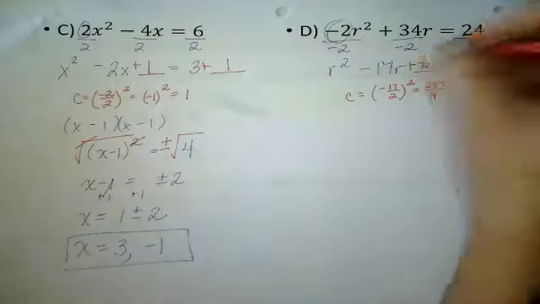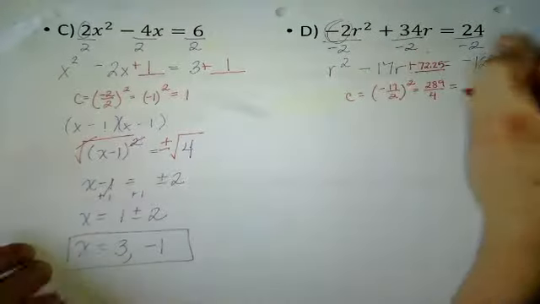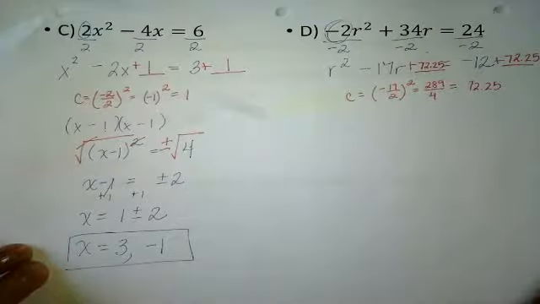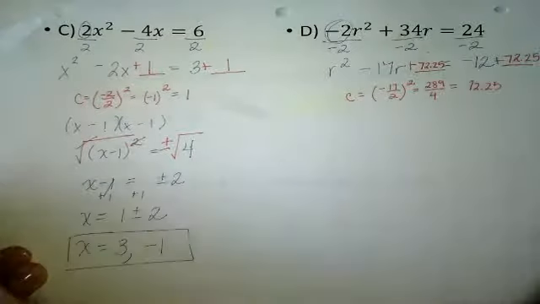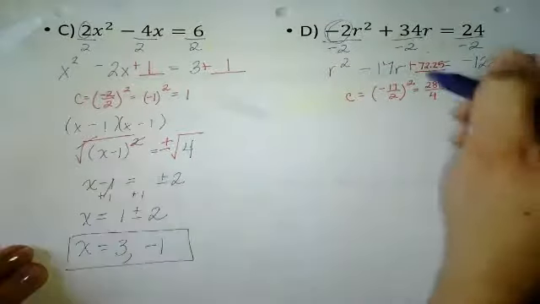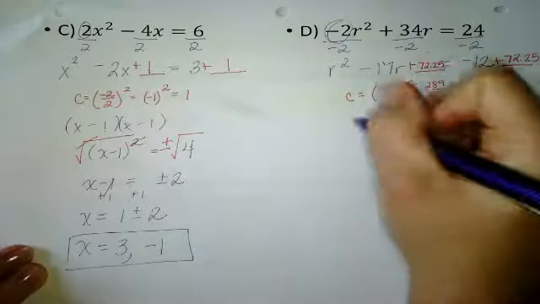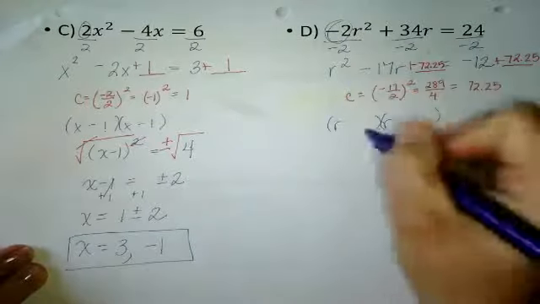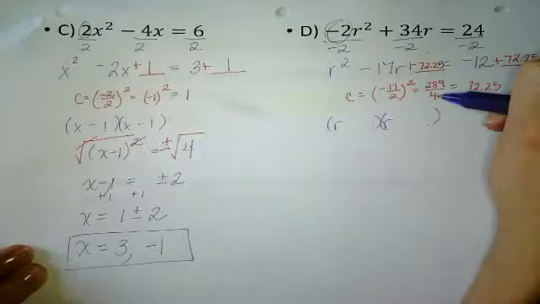All right. 72.25. So you can use your calculator. It's totally okay to do that. And then we're going to go ahead and double bubble. Now, for double bubbling, that's 72.25. It doesn't actually help me very much. R times R is R squared. What times what is 289 over 4?